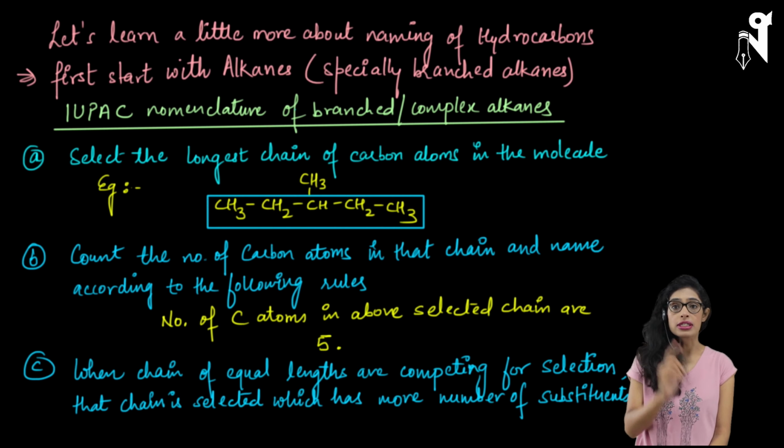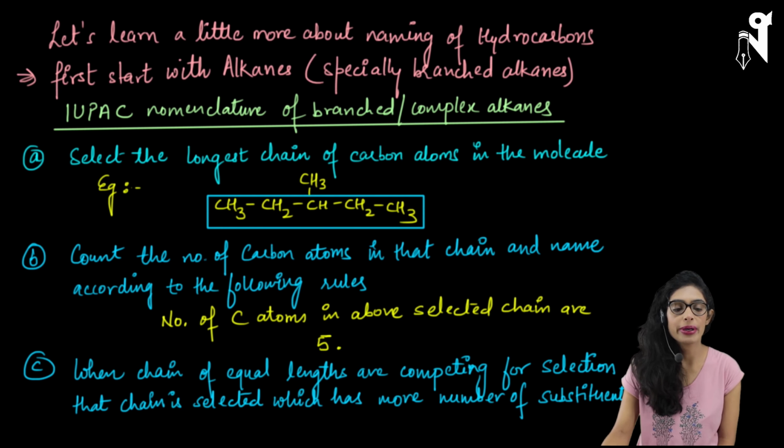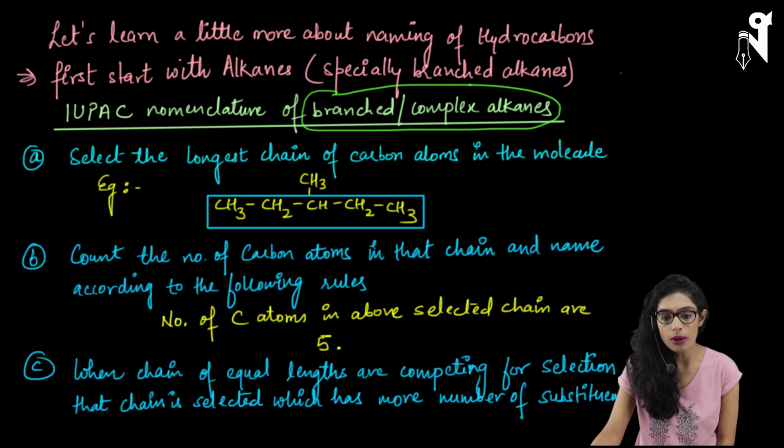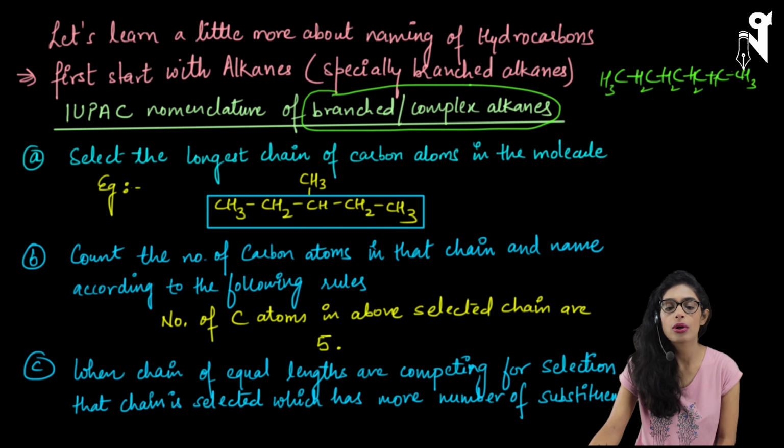So the first rule is, as I mentioned, we'll be talking about the branched and complex alkanes, how to deal with them. So what is a branched alkane? First of all, you will have to understand that. When I talk about a carbon chain that is straight, it has no branch. So basically the required hydrogens have been placed, carbons are linked with just two carbons. This is how your alkane looks like.